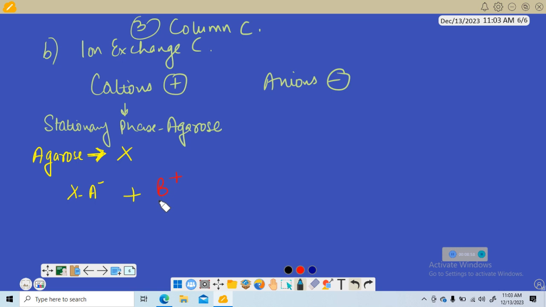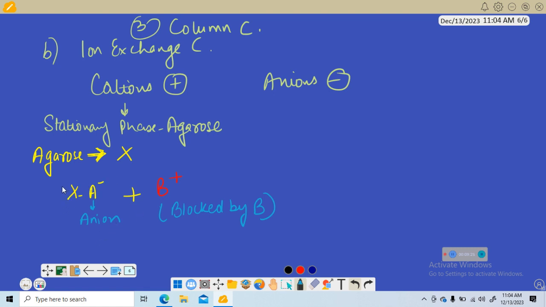Now this X is agarose, this A negative is the anion, and B positive is present in the molecule. So this anion is blocked by B, or you can say blocked by the cation.